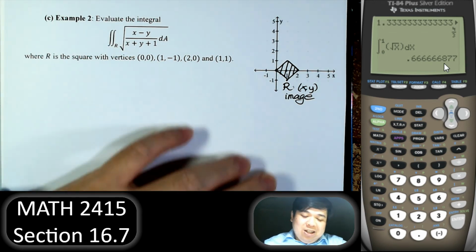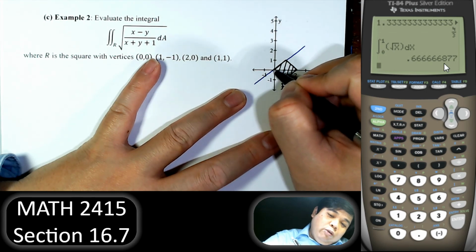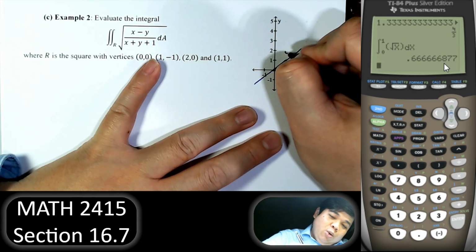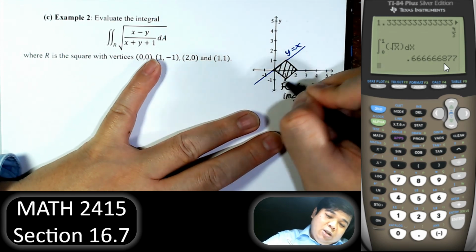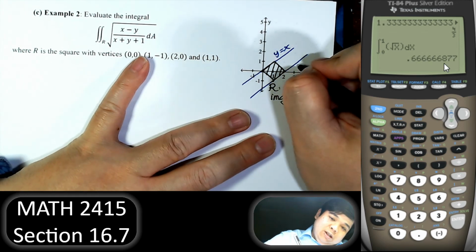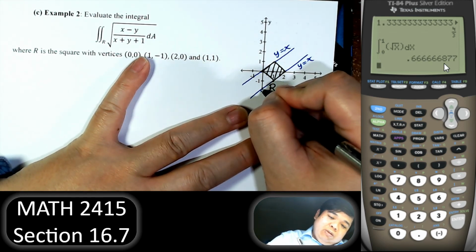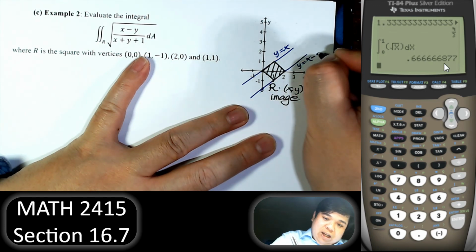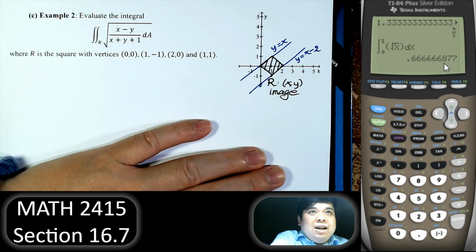Now, consider this. What is this equation? It goes from 0, 0 to 1, 1. So the equation is y equal to x, right? And what's this equation? y equal to x minus 2. You might ask, how did that help?